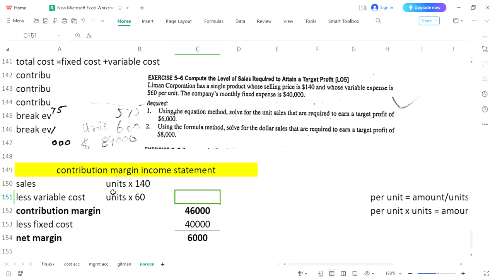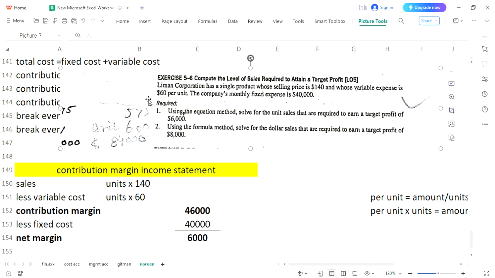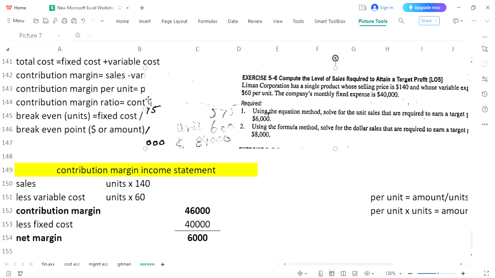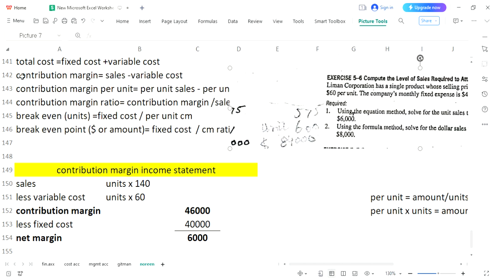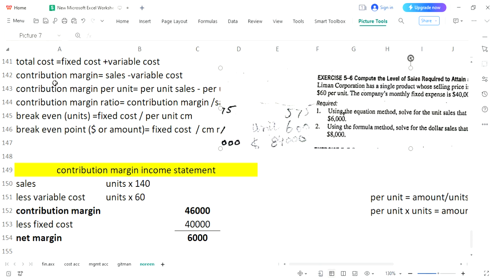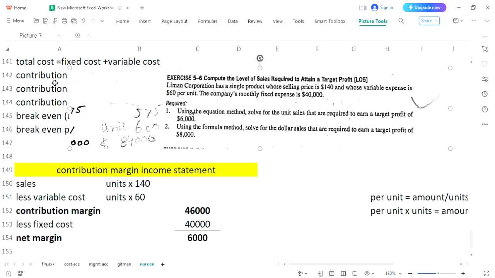So how would you calculate? Again, we will use a very common sense way. What is the formula for contribution margin? As we have already discussed, sales minus variable cost is equal to contribution margin, and you are doing the same thing here.